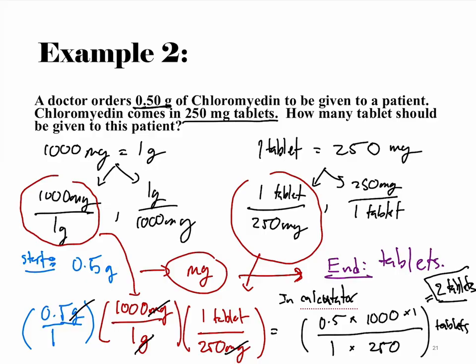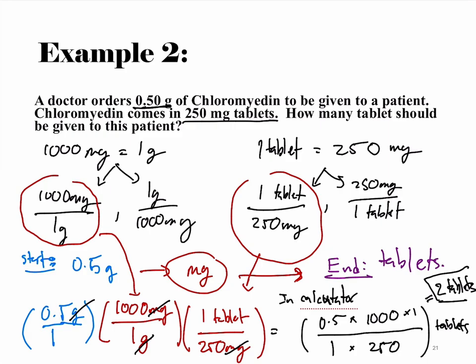How do you get that in the calculator? In the calculator, all I did was combine everything that's in the numerator into one expression, and then everything that's in the denominator. Sometimes it can be confusing when we go from multiplying these ratios. You can multiply this times 1,000 divided by 1 times 1 divided by 250 if you want. That works as well. It's just sometimes people prefer to put it all in the calculator in one expression. I put it in the first way and it gave me the same answer.